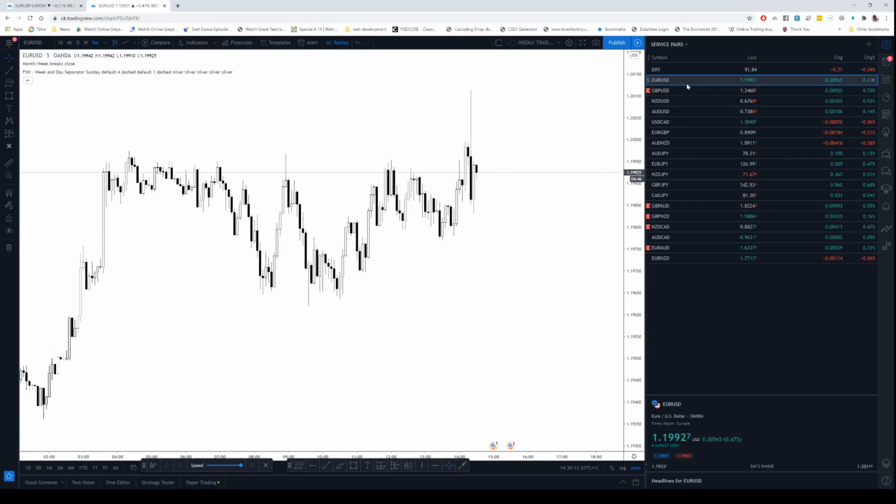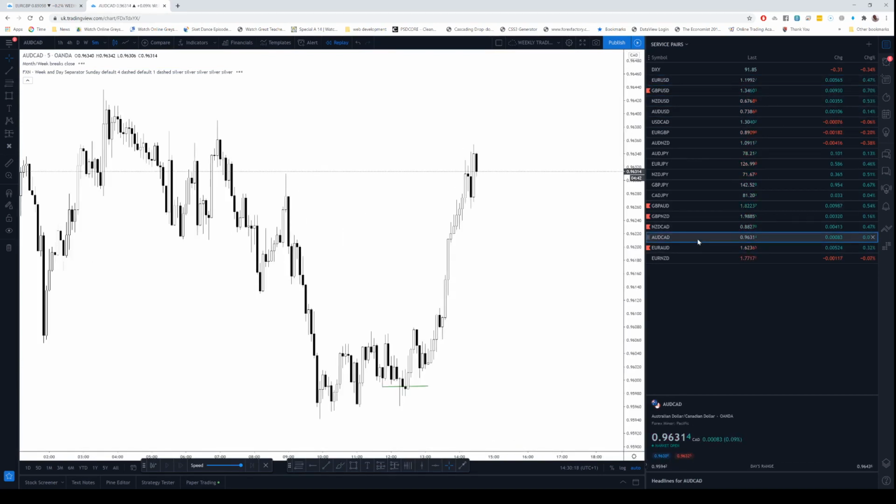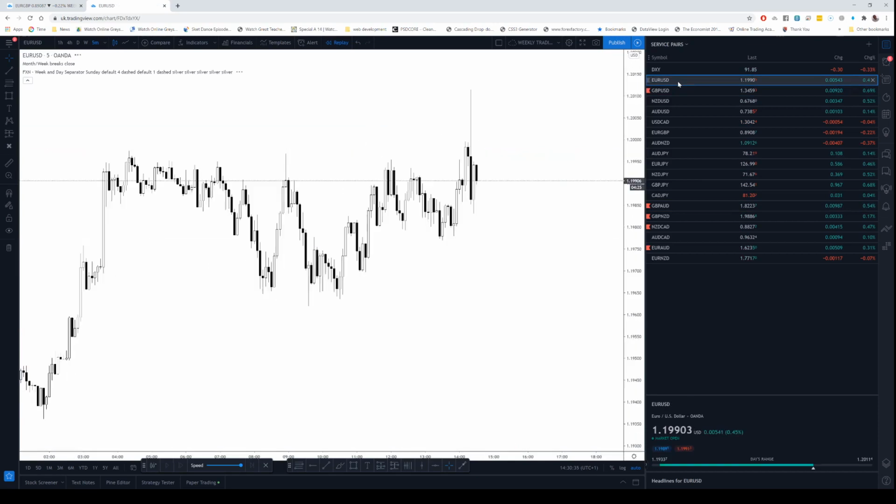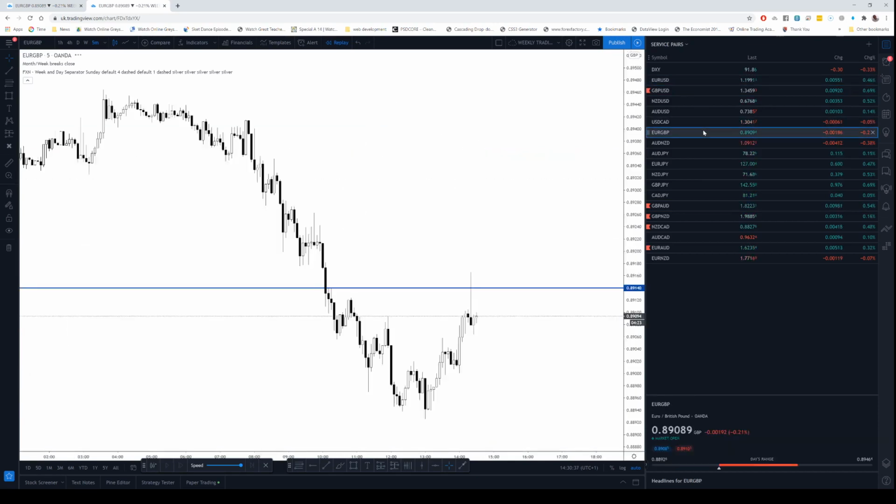So there's nothing much going on. This week is NFP, so you want to be careful, right? I think most of you have made good profits already by today's Tuesday, some good profit on pound, euro, and euro GBP.